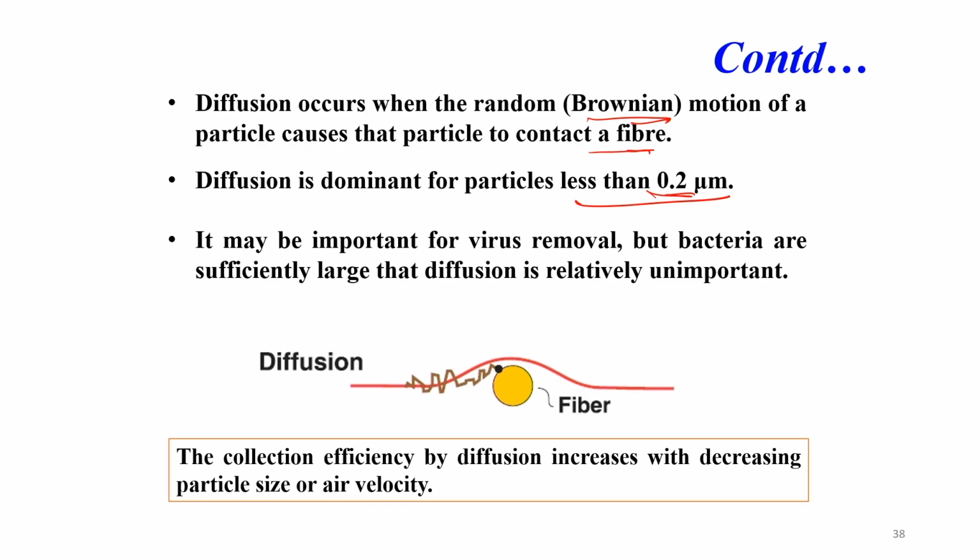It may be important for virus removal, but bacteria are sufficiently large that diffusion is relatively unimportant. So, through diffusion the smaller microbes can also be removed, and the collection efficiency by diffusion increases with decreasing particle size or velocity. If it is very fast, then diffusion efficiency will be less.